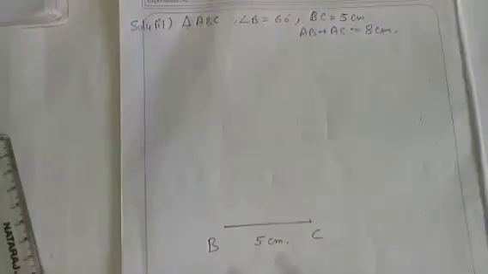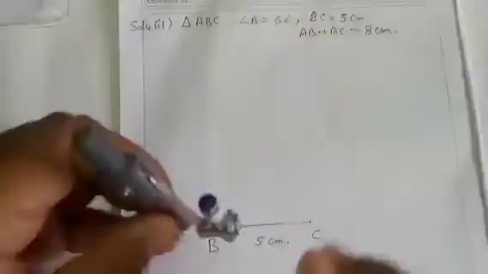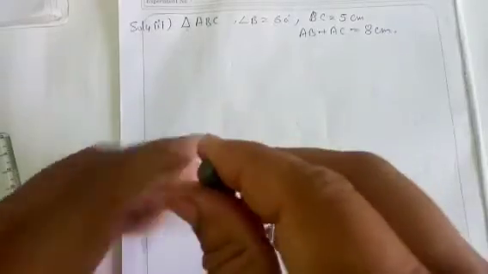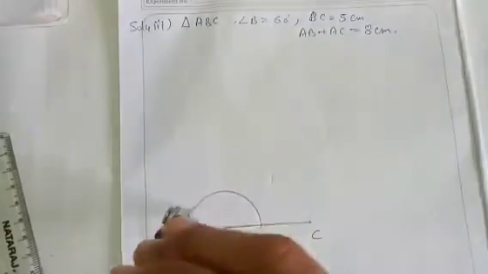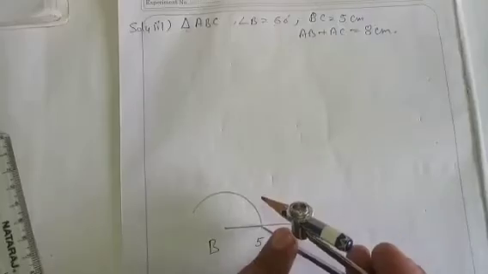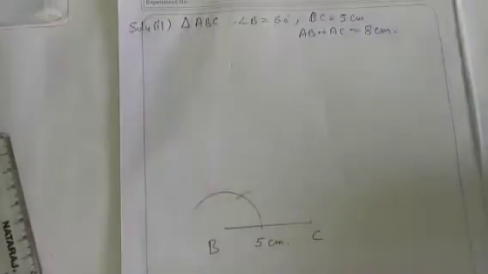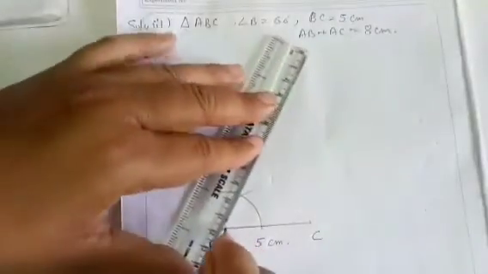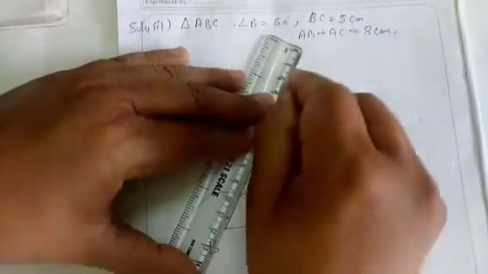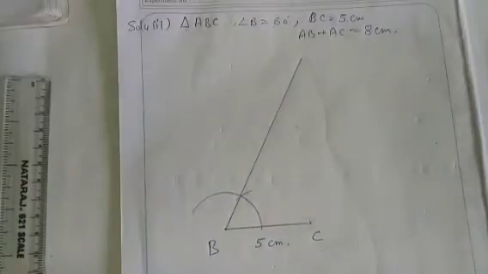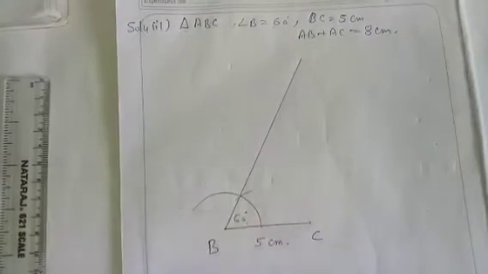Name it BC 5 centimeter. From point B, draw an angle of 60 degrees. With the compass you know how to draw 60 degrees. Cut an arc, from this point again cut an arc, then join and extend it. This is 60 degrees.